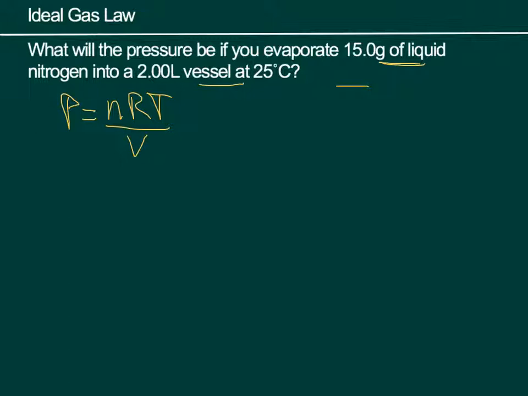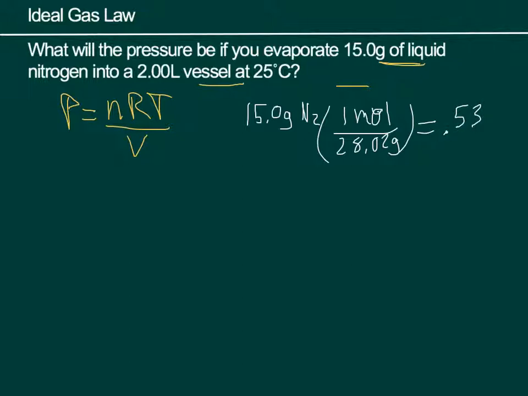So the way that we're going to approach this, first thing we need to do is find those moles. So we're going to take our 15 grams of nitrogen gas, now it's going to be N2, molecular nitrogen, and we're going to convert 1 mole into 28.02 grams for 1 mole, and that's going to come out to 0.5353 moles of N2.